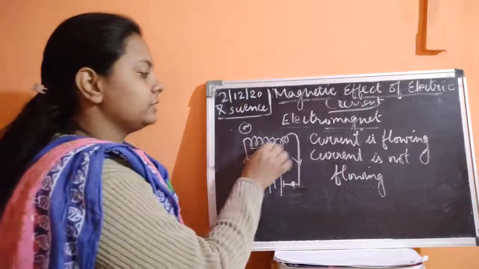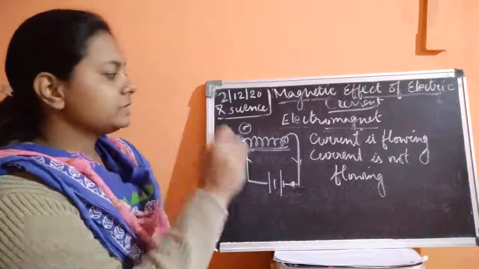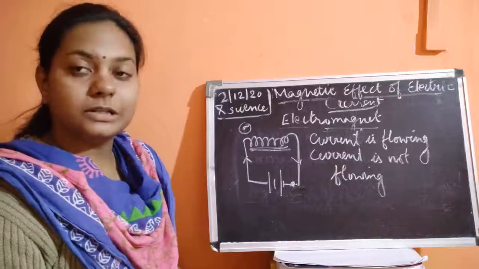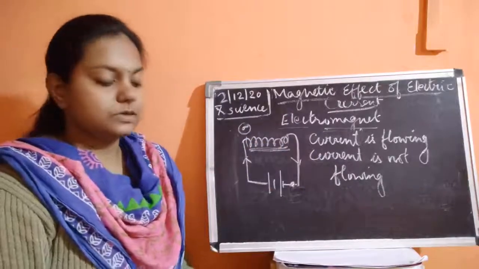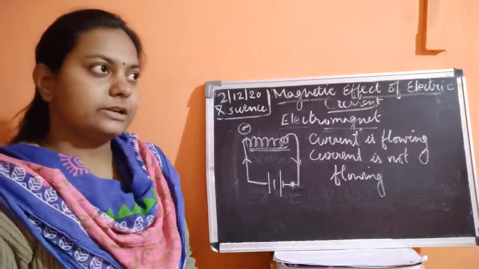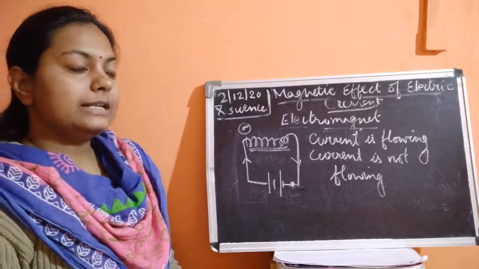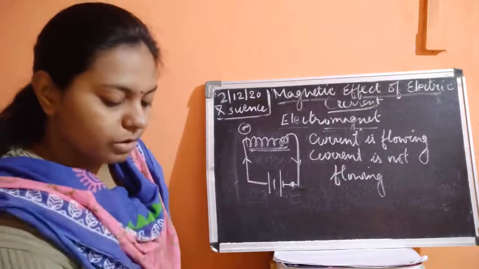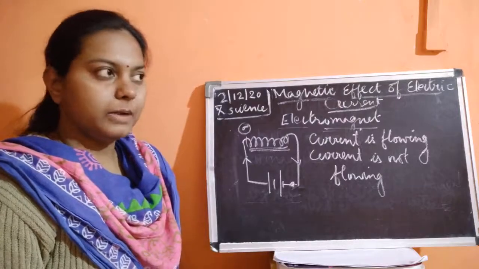Here, this ring part, the insulated copper wire, which has a different number of coils or turns, this complete setup is known as a solenoid, and this solenoid helps in generating the electromagnet. And inside this solenoid we place a soft iron core, only the iron part.